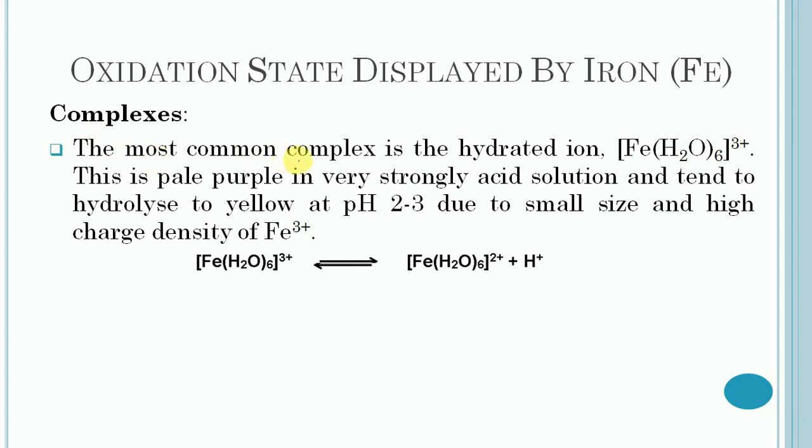The most common complex is the hydrated ion with this formula having 6 water molecules linked with iron. This is pale purple in very strongly acid solution and tends to hydrolyze to yellow at pH between 2 to 3 due to the small size and high charge density of iron 3 positive.